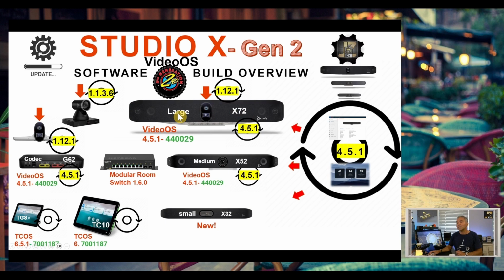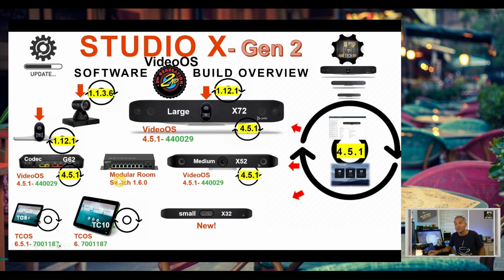And same as with the X72, it will include the 4.5.1, the latest 1.12.1 release for the built-in X70 camera, or E70 camera. So keep that in mind. I think this is really good, and always check. If you upgrade those devices, check if the panel upgraded correctly and that the camera upgraded correctly, so that it's all aligned with the same version.